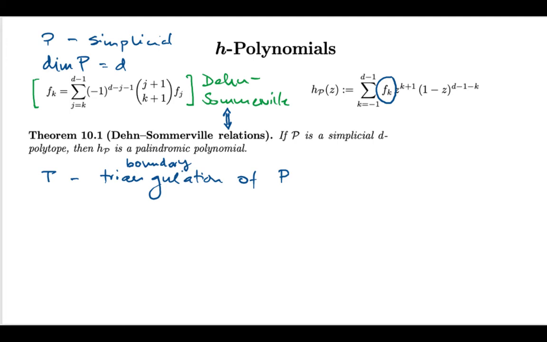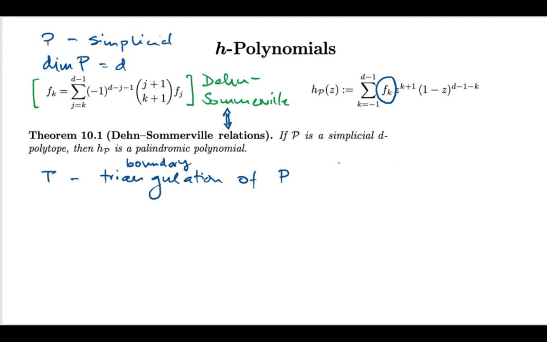You can think of these as a triangulation of the boundary of a polytope, or you can think of it as somebody hands you a triangulation of a polytope, and then you restrict yourself to those simplices in the triangulation that are contained in the boundary of P.